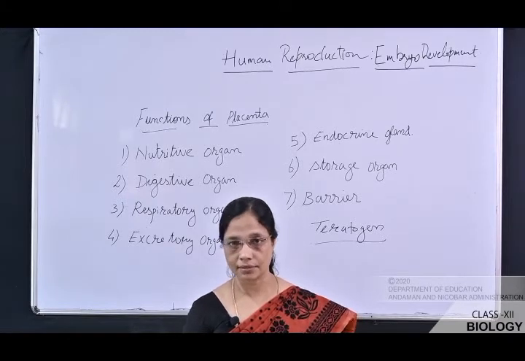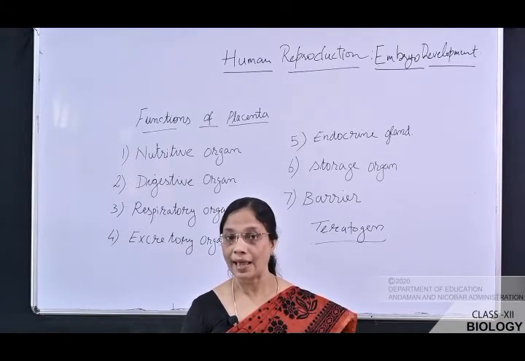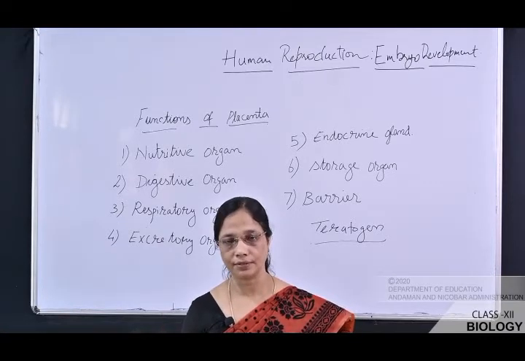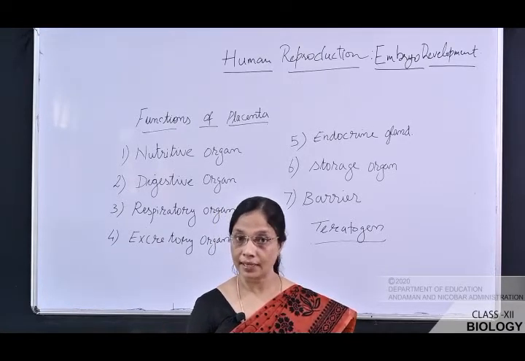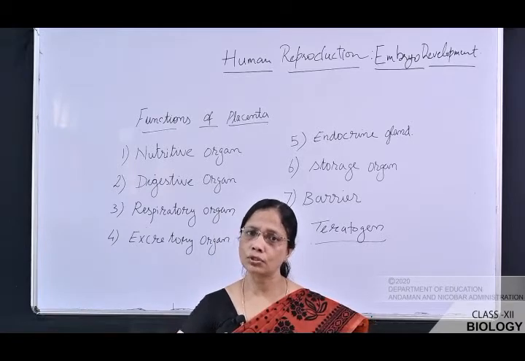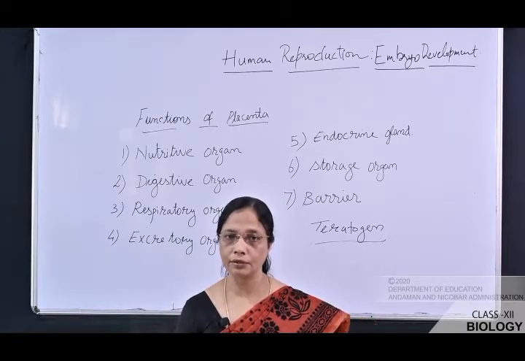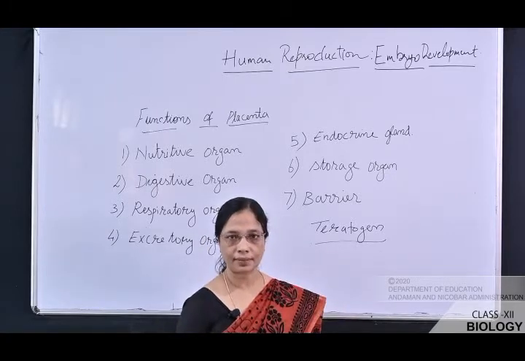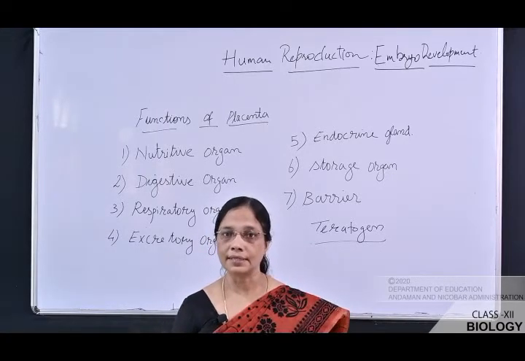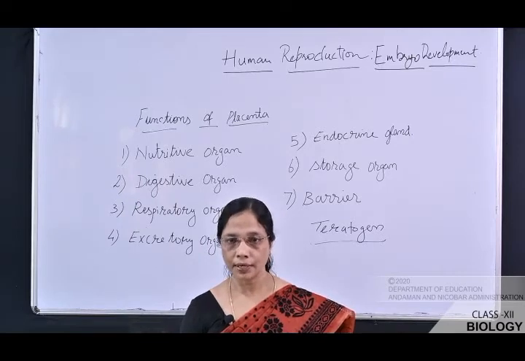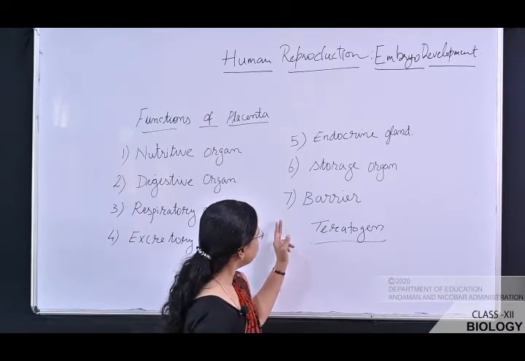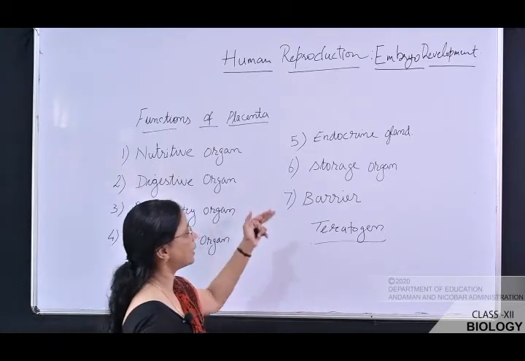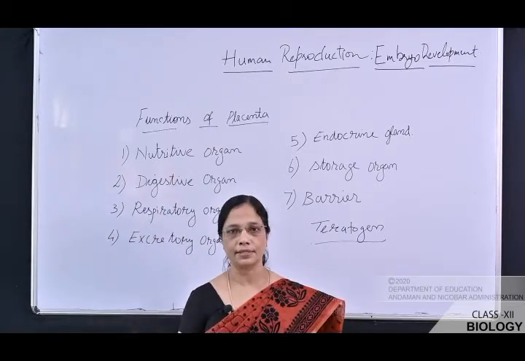Drugs, nicotine, and alcohol. These are the teratogens that cause damage to the fetus. Moreover, certain viruses and bacteria can also enter the fetus through the placenta, causing diseases like AIDS. So these are the different functions of the placenta.